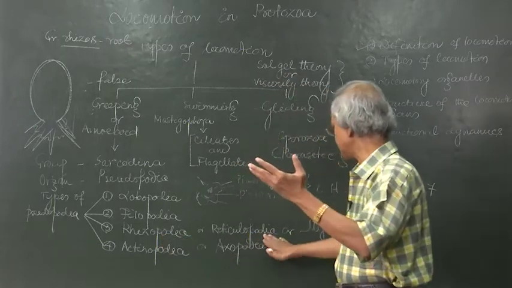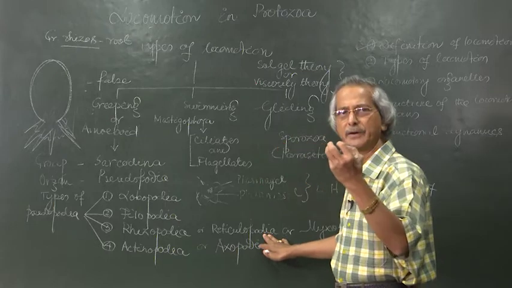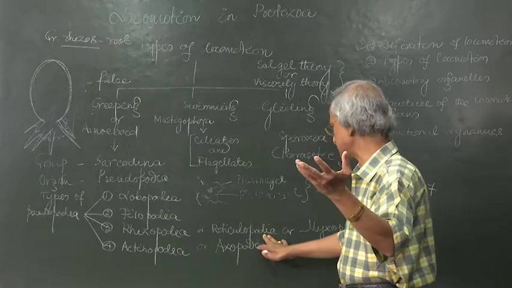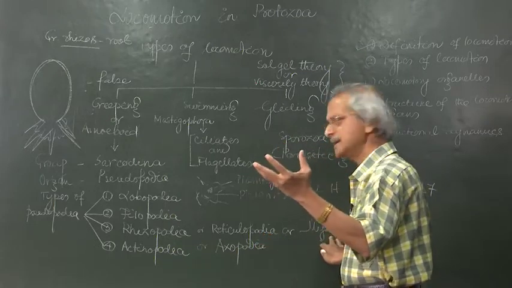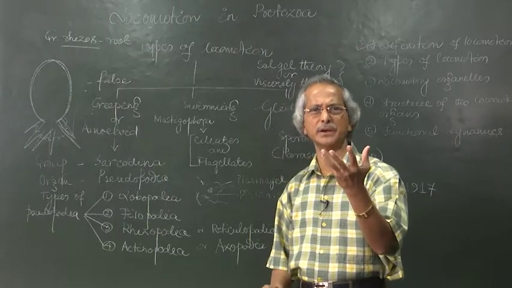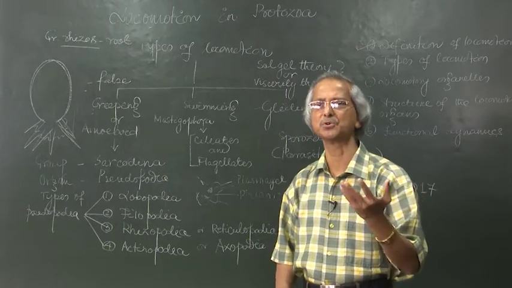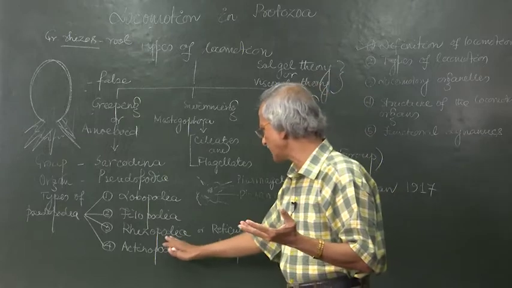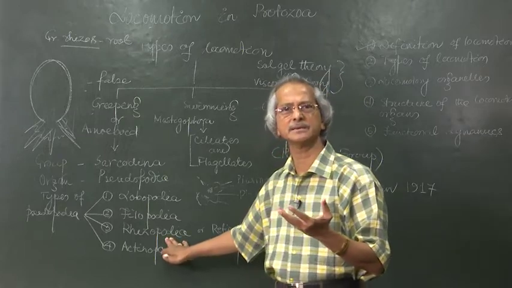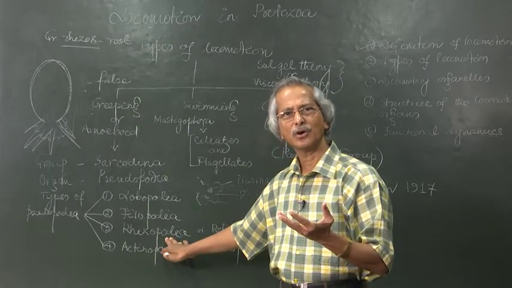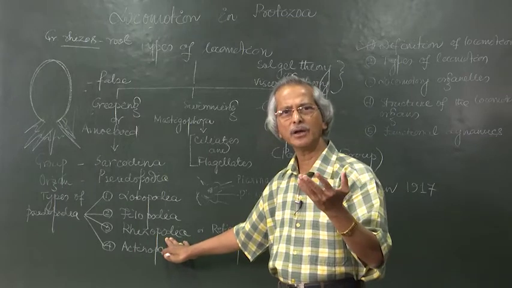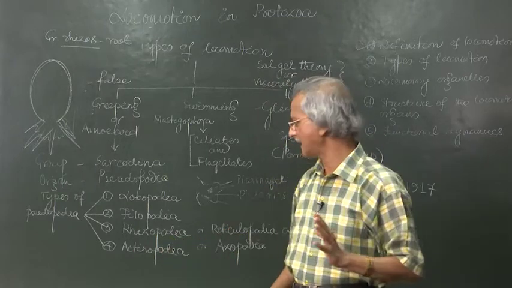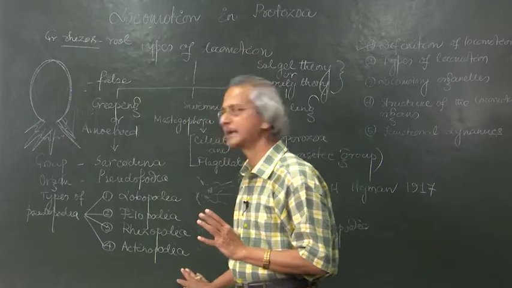Since these are like a net, these are known as reticulopodia. Since these are slimy in nature, these are also known as myxopodia. So, the third category of pseudopodia is rhizopodia or reticulopodia or myxopodia, and the fourth category is actinopodia.